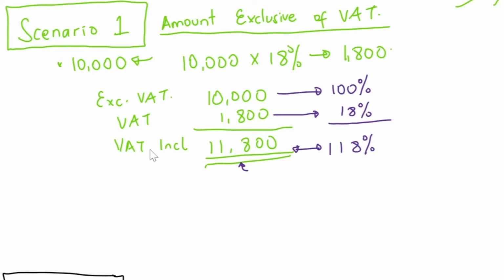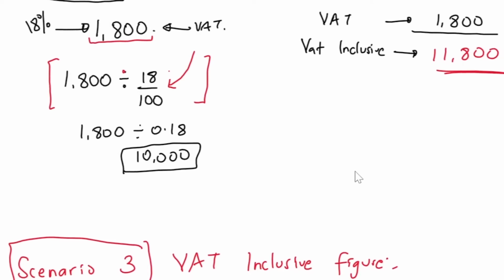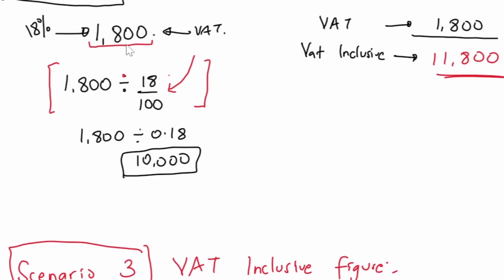Because this VAT inclusive figure is 11,800, in order for us to work backwards to get these other two figures, we are going to divide it by the percentage it represents. It is just like the way we did in scenario 2, remember? Because this 1,800 represents 18%, we divided it by the 18% to work backwards to get the 10K.